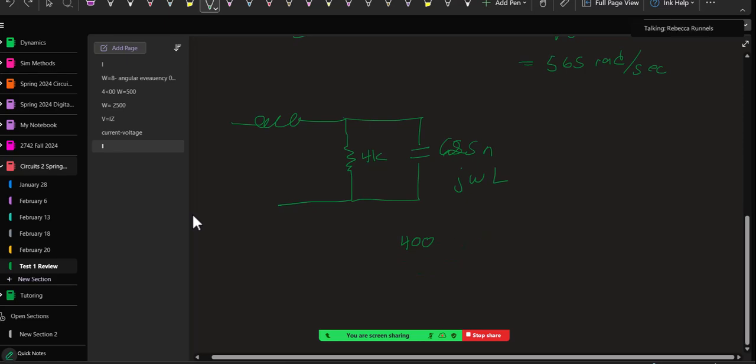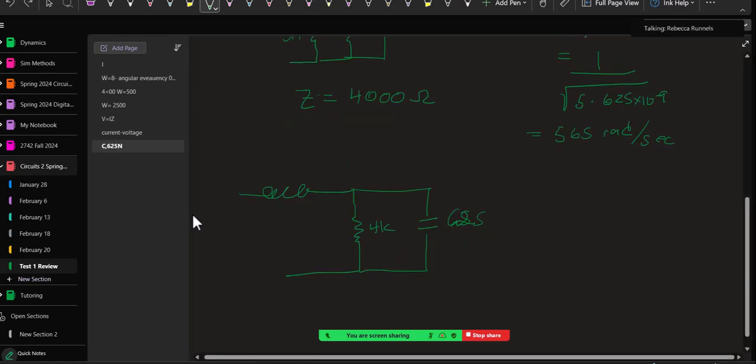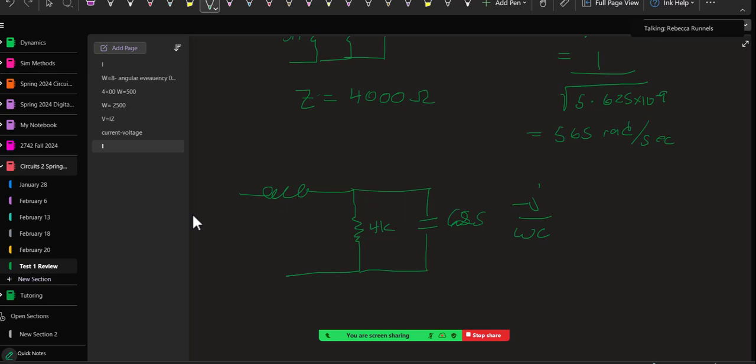It's a capacitor, so that's minus j over omega C. Of course it would be the capacitor that's in parallel.